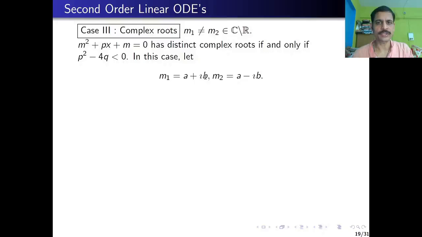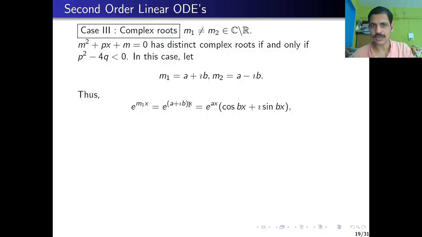Iota stands for the square root of minus 1, and m2 is equal to a minus iota b. In that case, e raised to m1x is equal to e raised to (a plus iota b)x, which is equal to e raised to ax multiplied by e raised to iota bx.